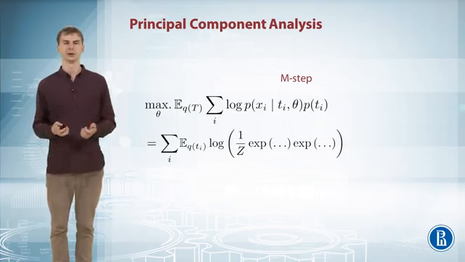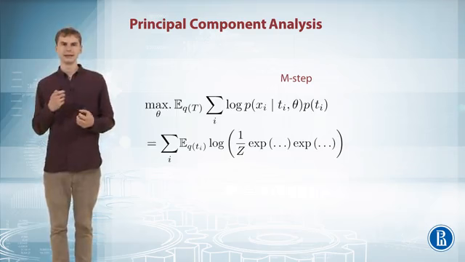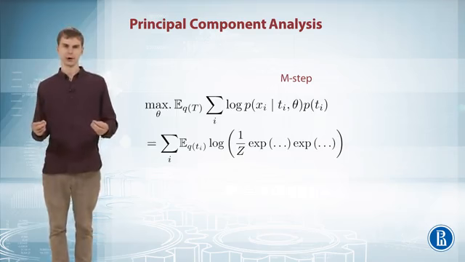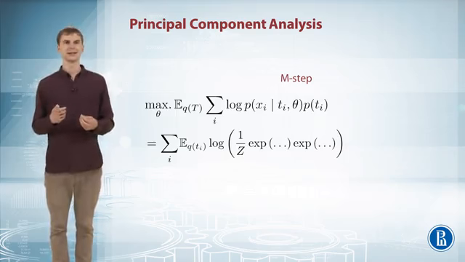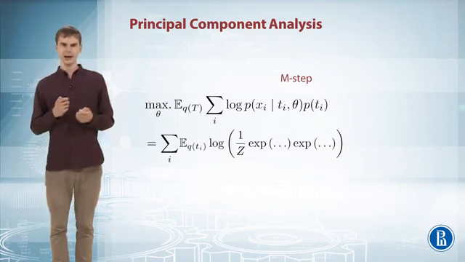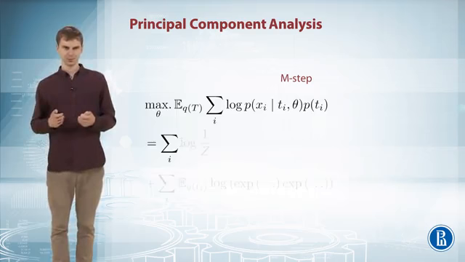and some normal distribution. So first of all, we can notice that since the logarithm of a product is the sum of logarithms, and since the normalization constant z doesn't depend on Ti at all, then we can rewrite it as follows.